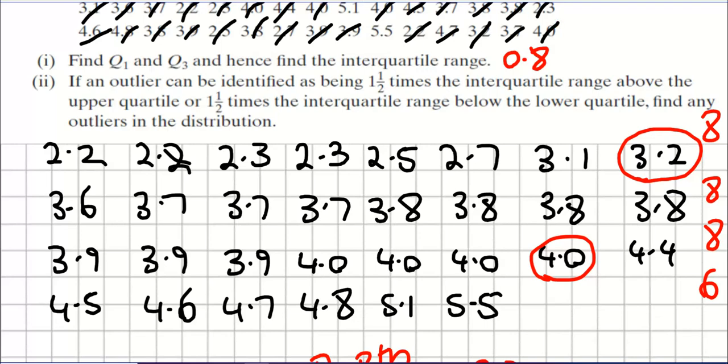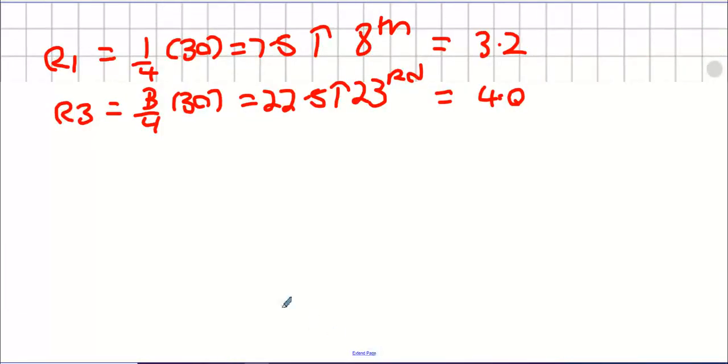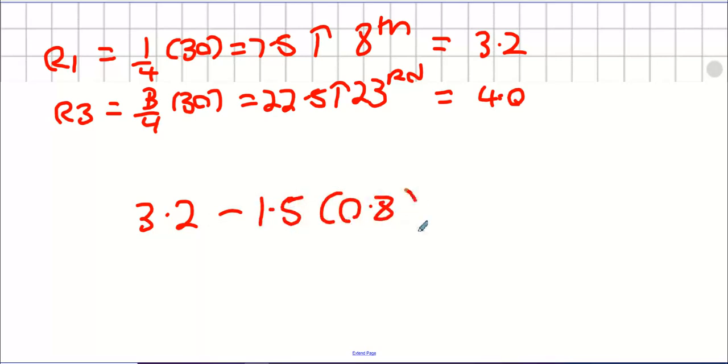Find any outliers of the distribution. So here's what we're going to do. What's the lower quartile, the Q1? 3.2. And take away 1.5 times the interquartile range. What number do I get for that?